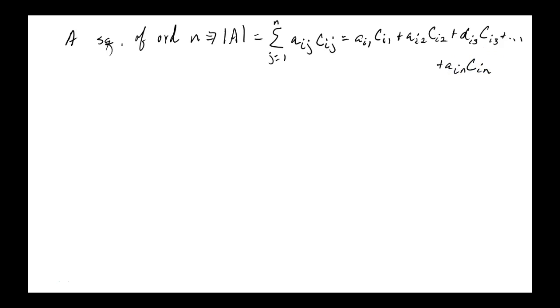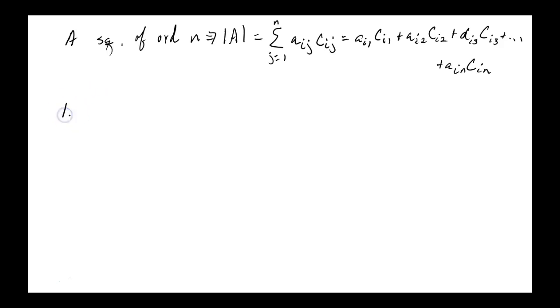Any row, pick the ith row, whichever one, anywhere from 1 to n, pick that row and then do the elements in that row times that element's cofactor, plus the second entry in that row, the ith row, and do like that.